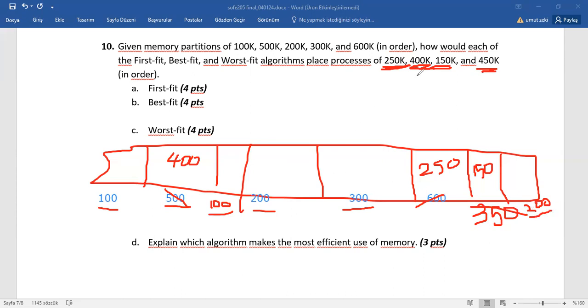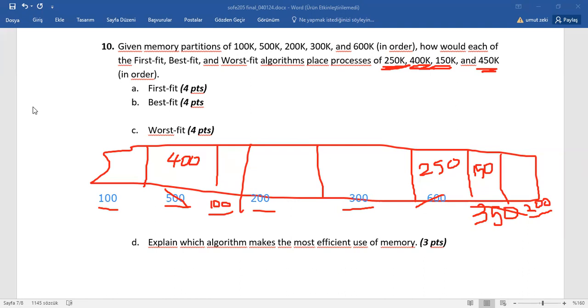So we have to say it cannot fit into the available partitions. I will ask questions so that all the processes can fit; I will arrange that.